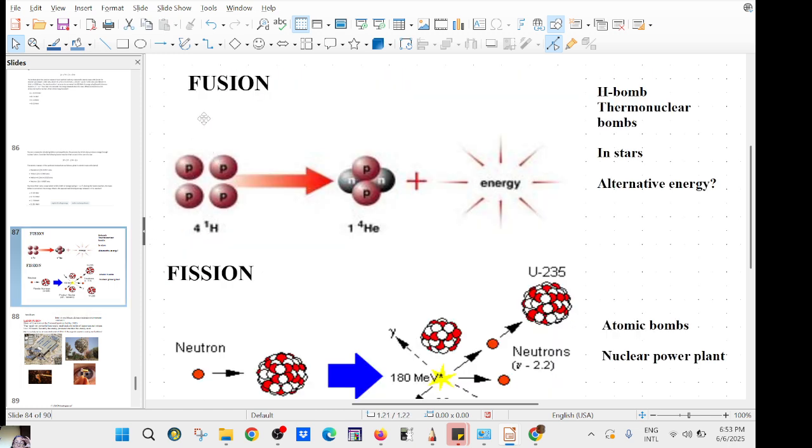So for example, fusion does happen in stars, because you have very high temperature and high pressure. Protons can be close enough that the strong nuclear force takes over. They fuse together, and a huge amount of energy is released.